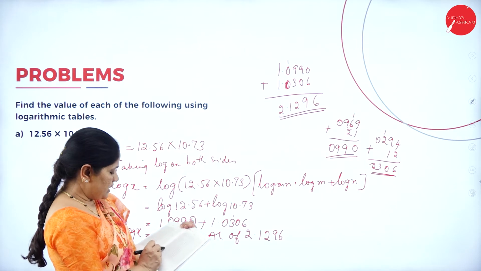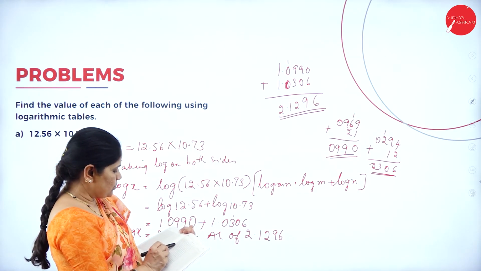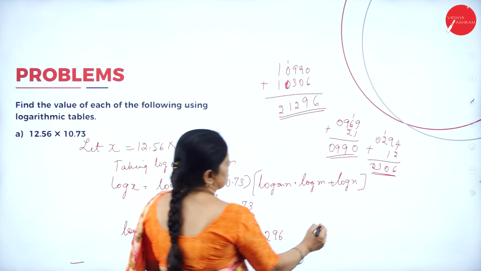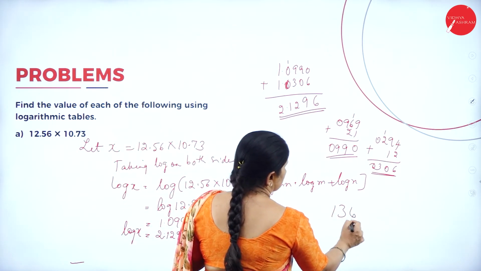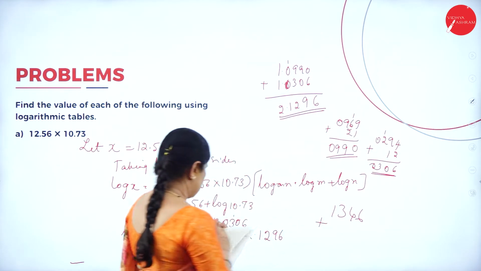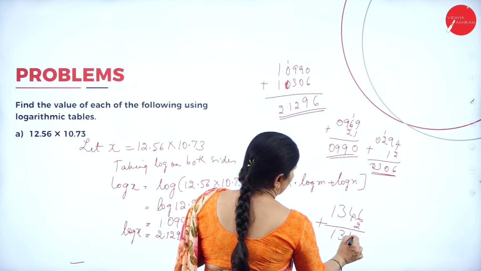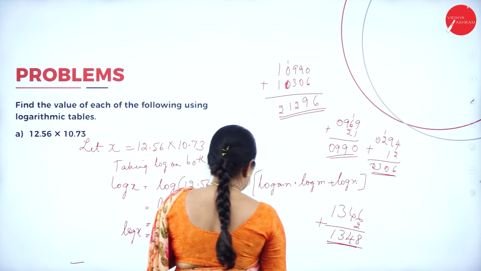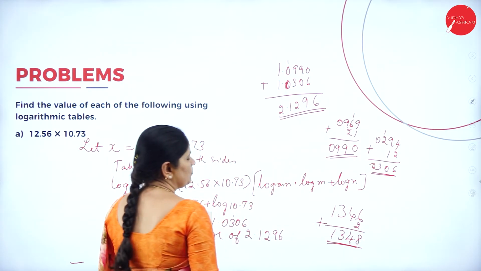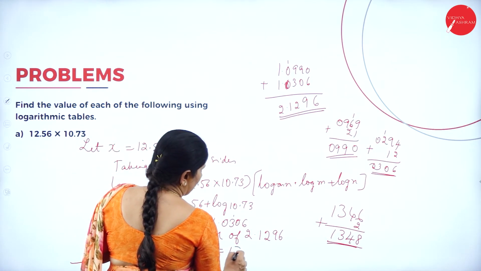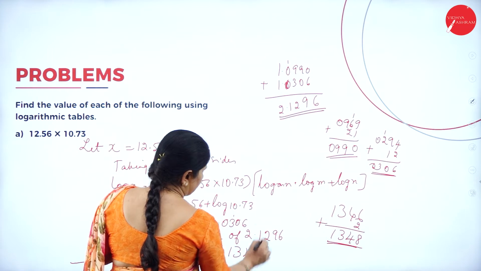So what is the number given here? 1346, plus 2, 1348. So anti-log of 2.1296 will be equal to 1348.